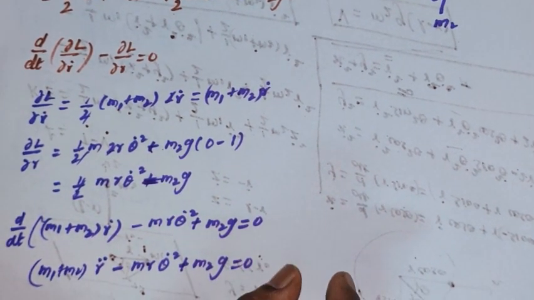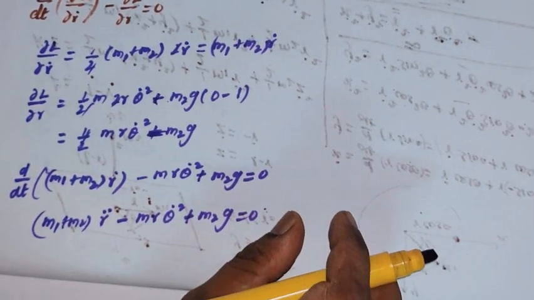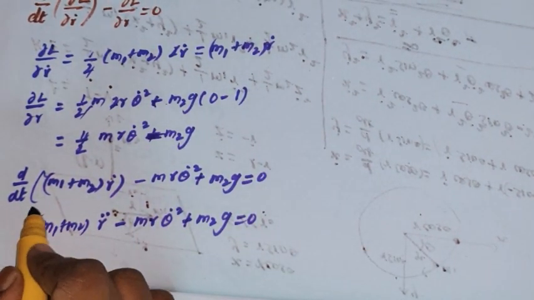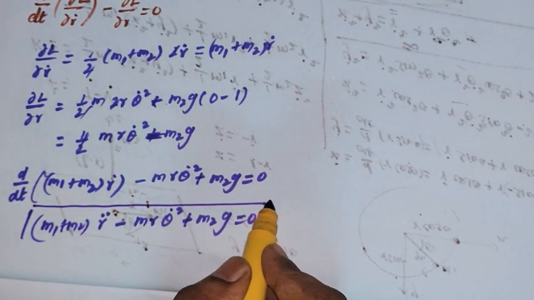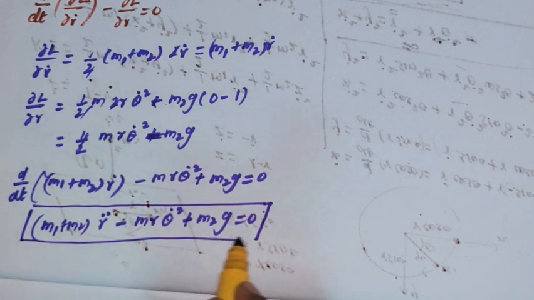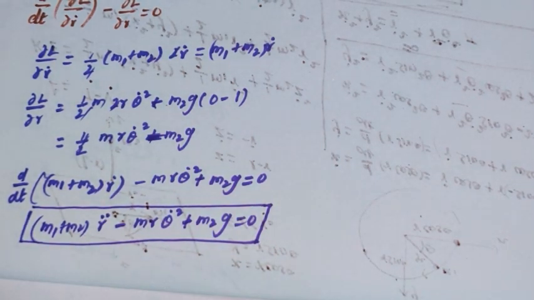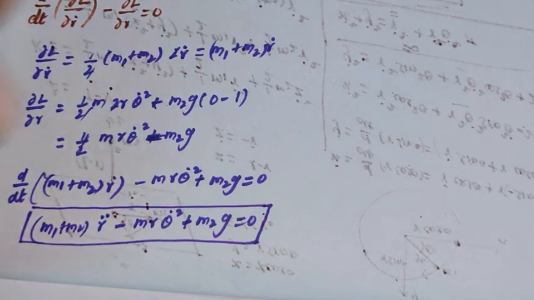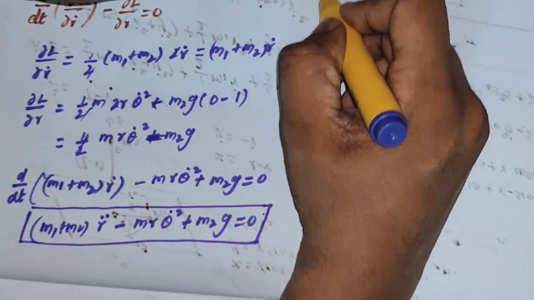Now we are ready. This is the equation of motion we are getting: (m1 plus m2) r double dot minus m1 r theta dot square plus m2 g has to be equal to 0.